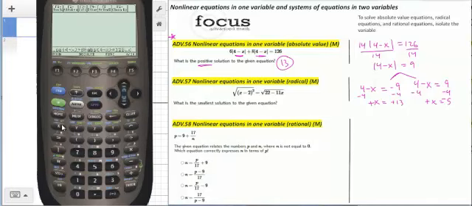In the solve feature, you're going to hit comma x to identify what you want to solve for, close it off, and when you do, you get your two answers, 13 and negative 5, which confirms what we got by hand. You want the positive of those, which is 13.